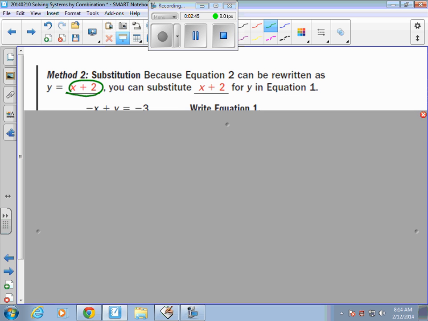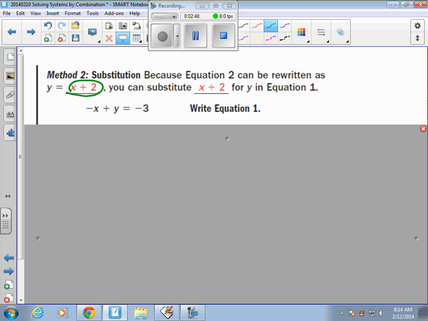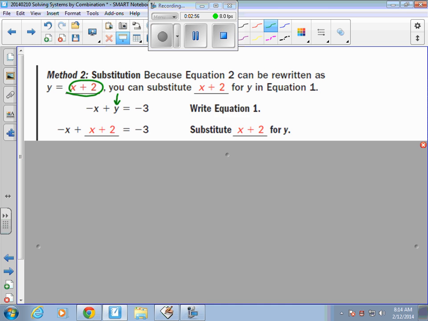So in equation number 1, which says negative x plus y equals negative 3, in place of y, we're going to plug in x plus 2. And it's going to say negative x plus x plus 2 equals negative 3. Again, substituting in that value x plus 2.